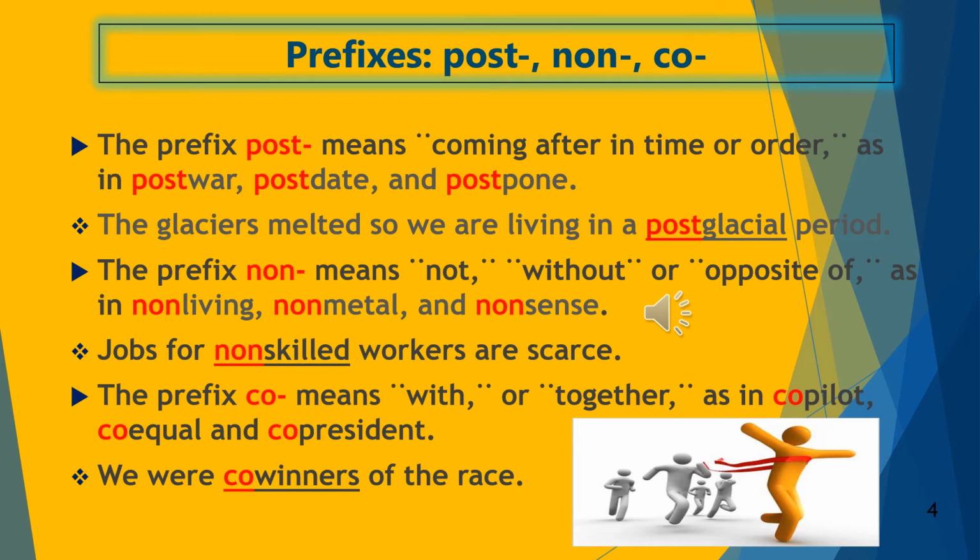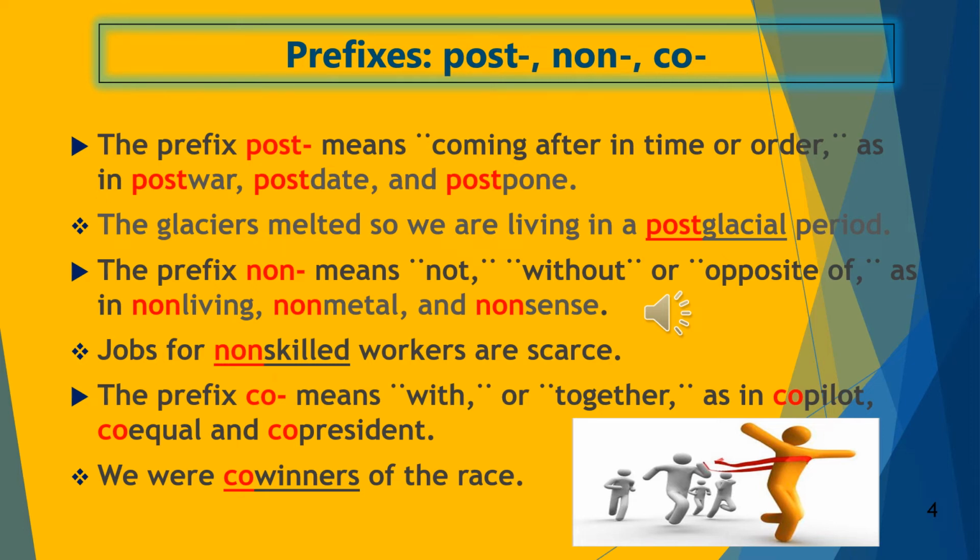So we talked about the prefixes post, non, and co. Post means coming after in time or order. Non means not, without, or opposite of. Co means with or together. And then you have some words as examples with a prefix included, and then you have a sentence.